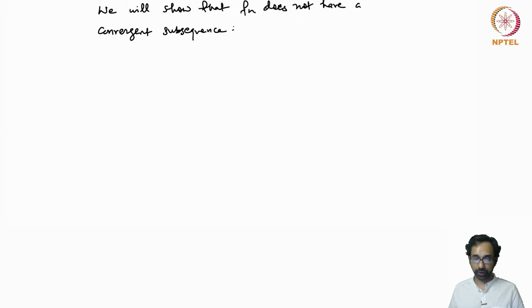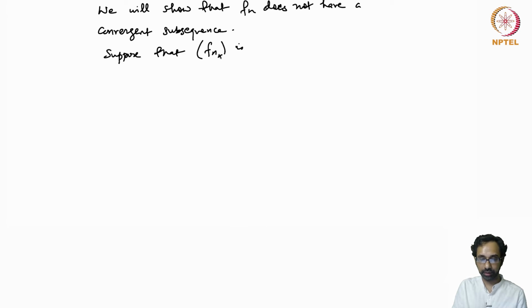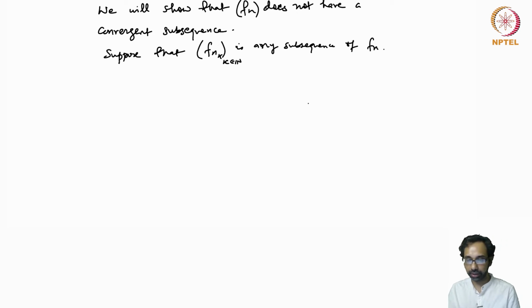So why is this the case? To show this, suppose that f_{n_k} is any subsequence of f_n. So this is the sequence f_n, and you have chosen any arbitrary subsequence.